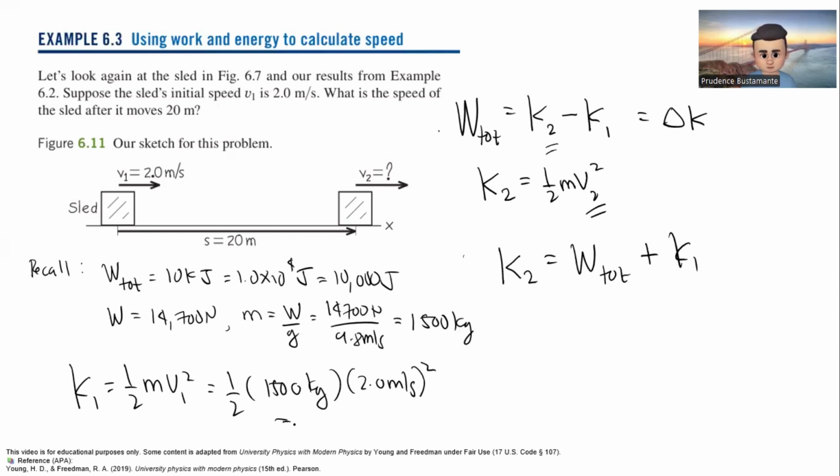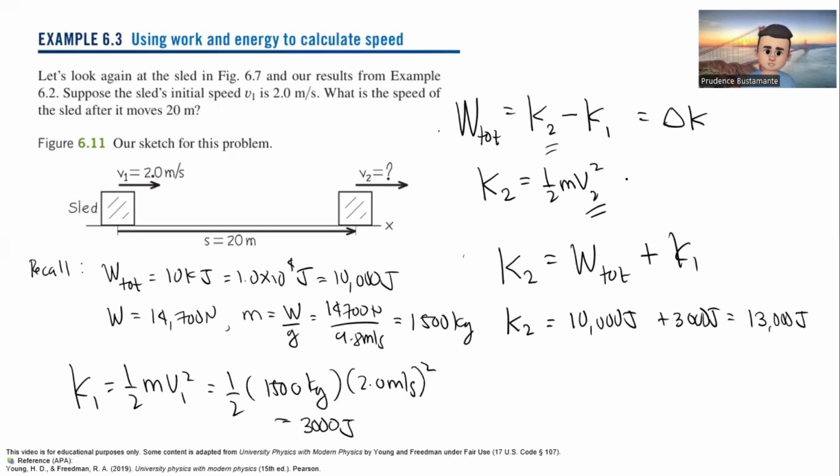So we have 3,000 joules. So that is our K1. So therefore, our K2 is equal to 10,000 joules plus 3,000 joules, which becomes 13,000 joules. Okay.